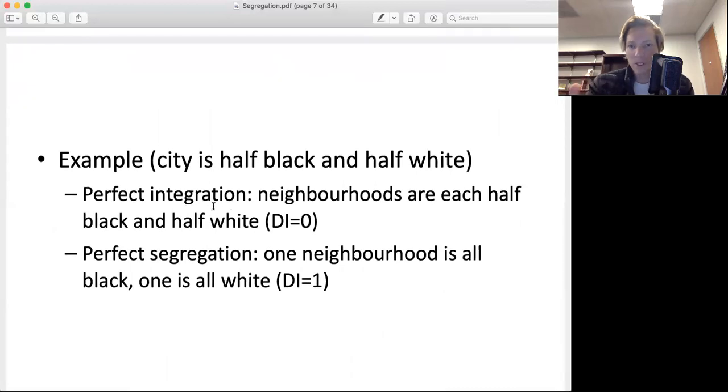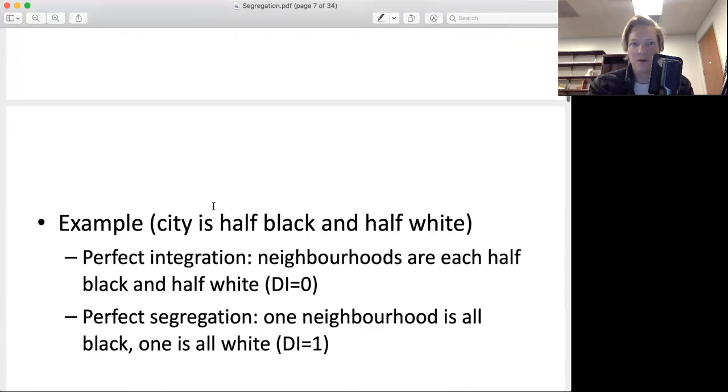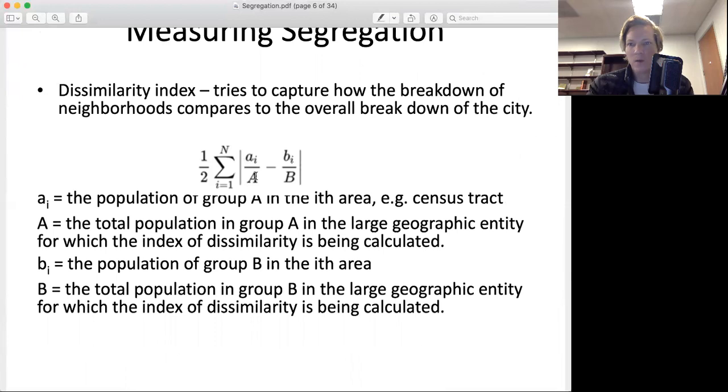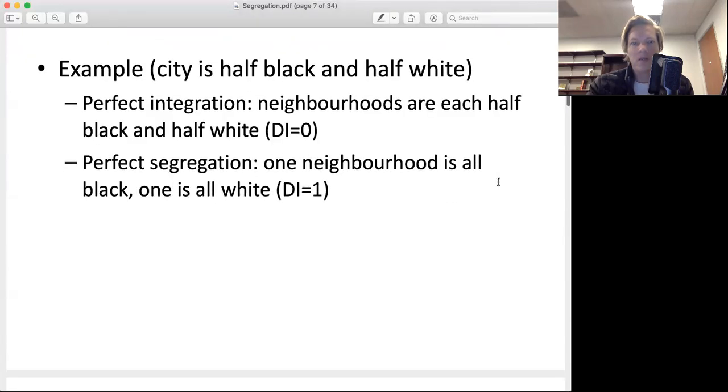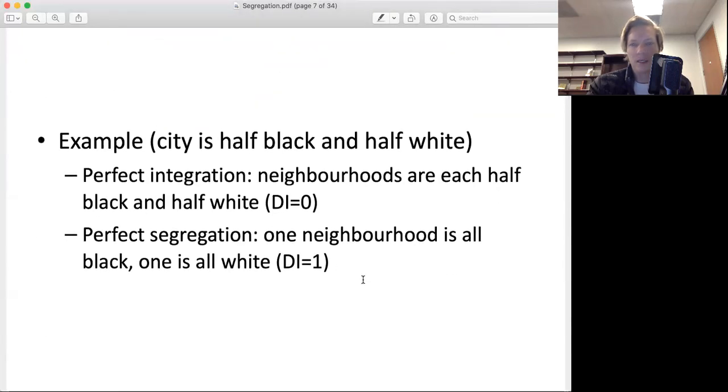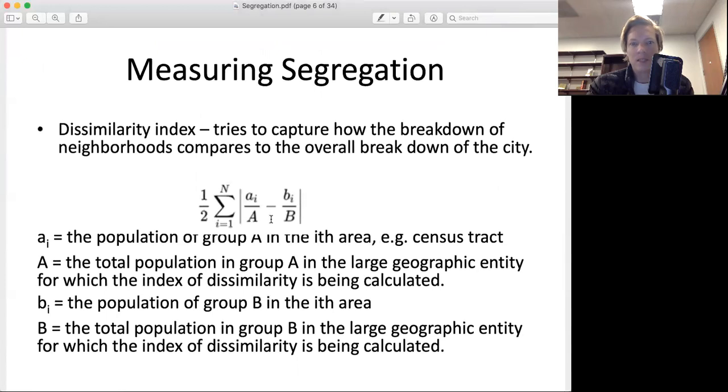So for perfect integration, say your city is half Black, half White, perfect integration would give you a value of 0. Our first neighborhood will have the same proportion of White as it does Black, therefore we'll get 0 here, and so on. If it's a perfectly segregated city, all of these terms will sum to 2, and then we'll get 1.